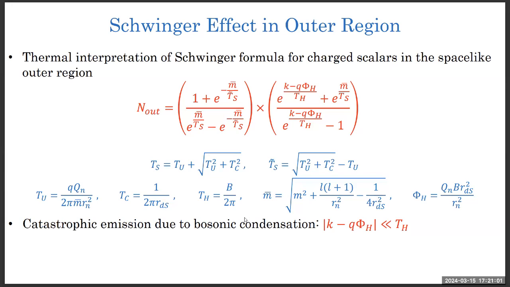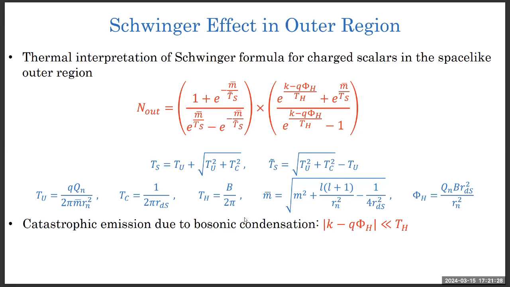Boltzmann type distribution. Actually, it is very interesting just because we can have bosonic condensation-like catastrophic emission when K is the separation quantum number.